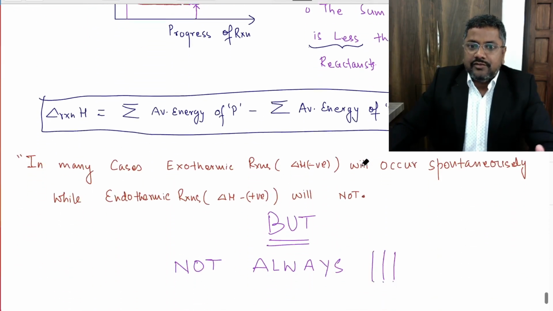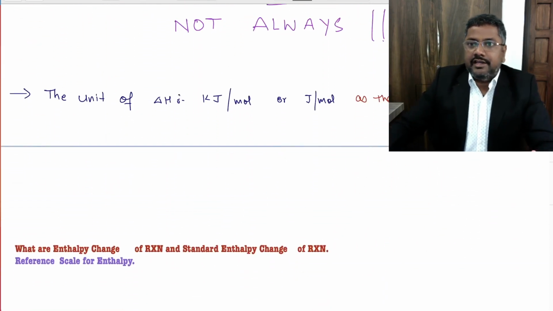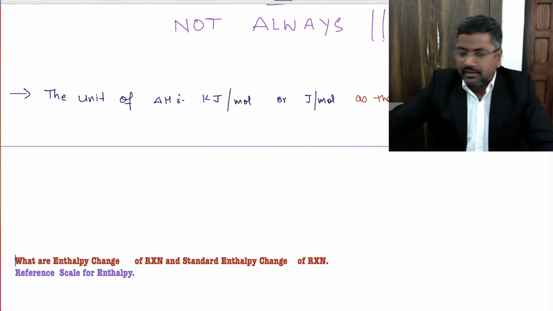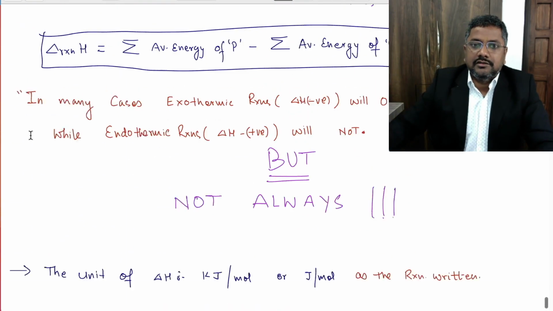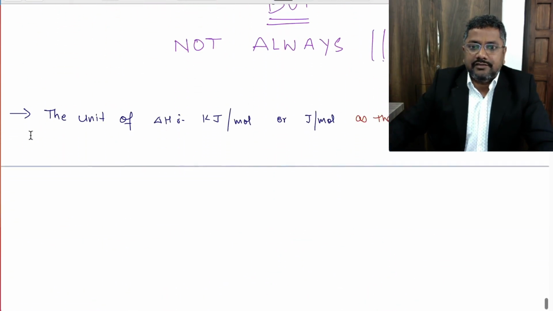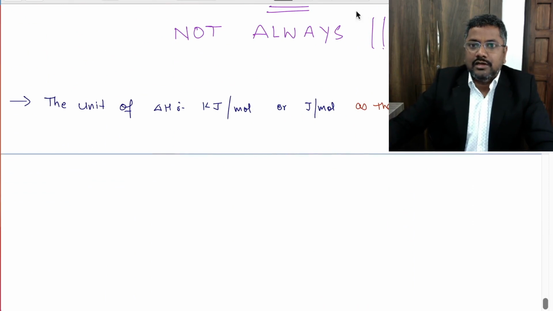Suppose that you divide this equation by a factor of 2, then what will happen?